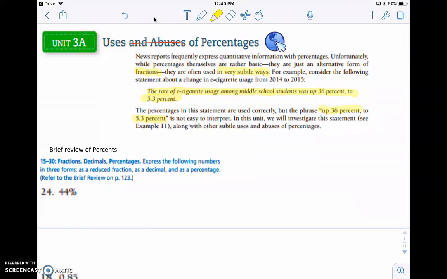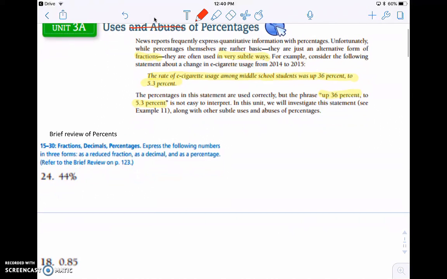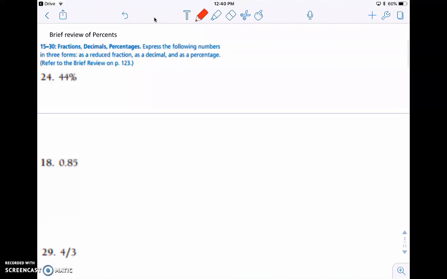So today, again, we're going to focus on the uses of percentages and why they are very important, but just know that these things can be abused, or they can be stated in ways that are true but hard to interpret. So again, the first thing we're going to do is a brief review of percents.